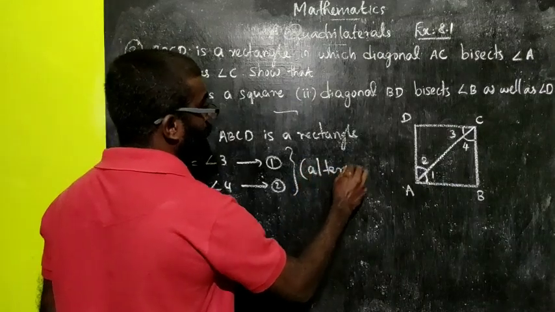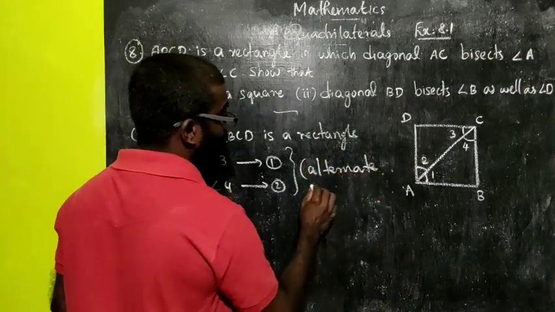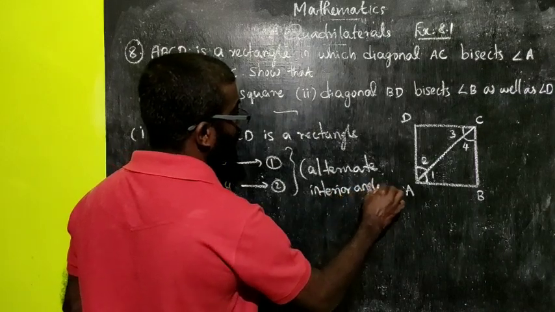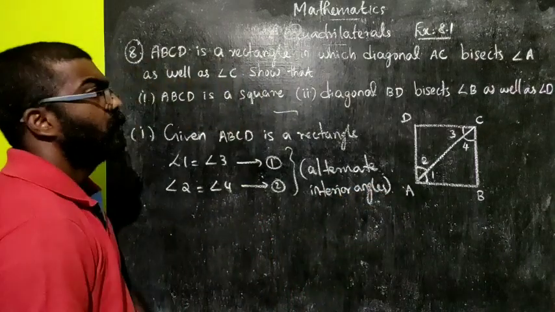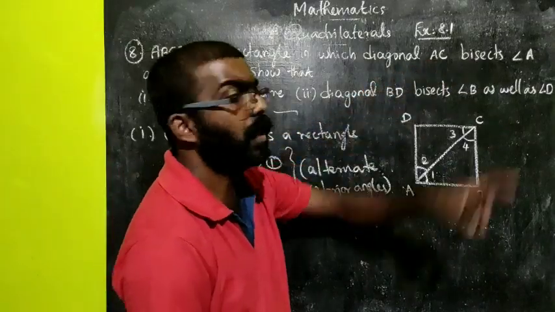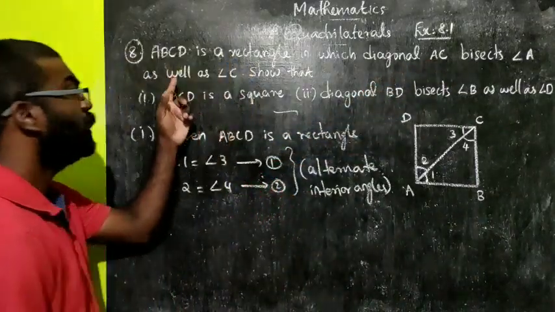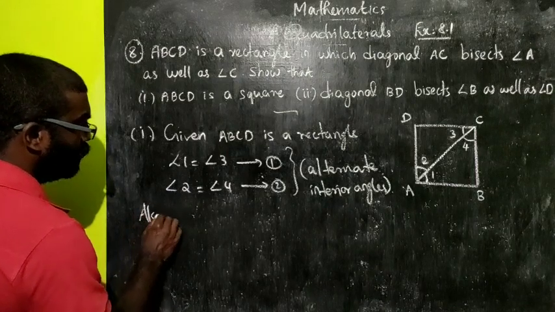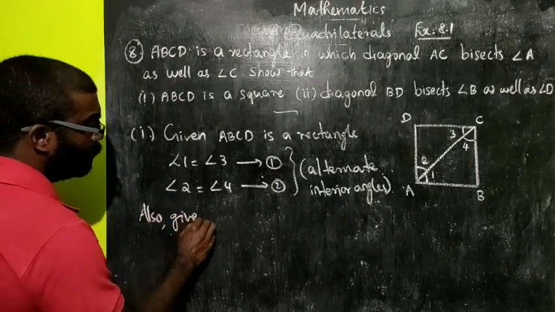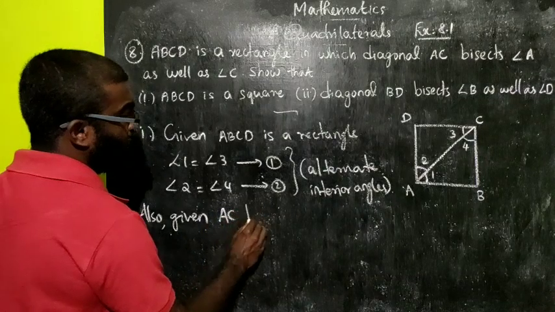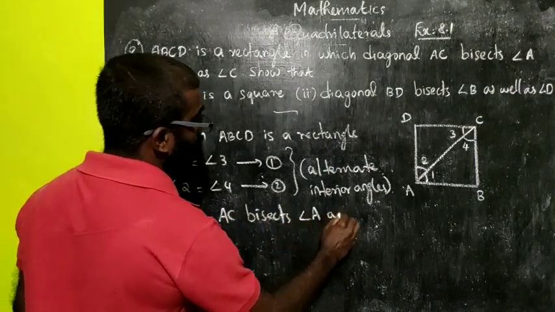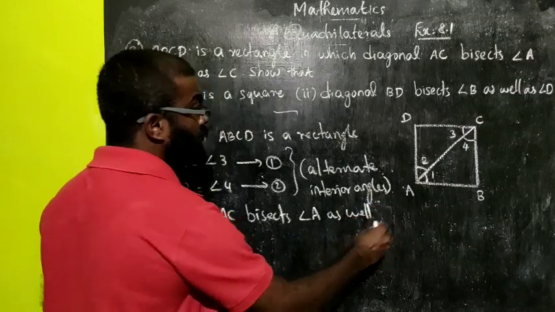Alternate interior angles. Now AC bisects angle A as well as angle C. So also given AC bisects angle A as well as angle C.